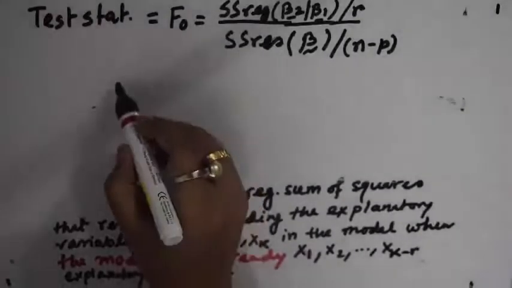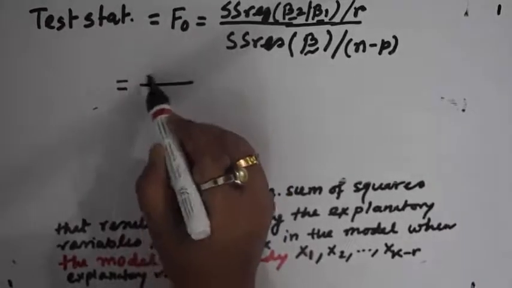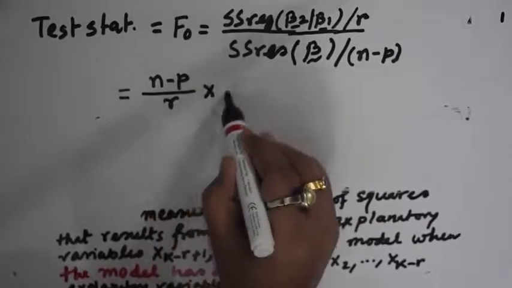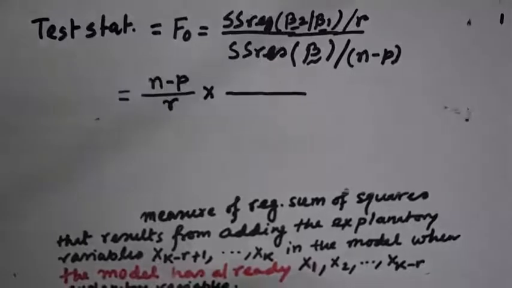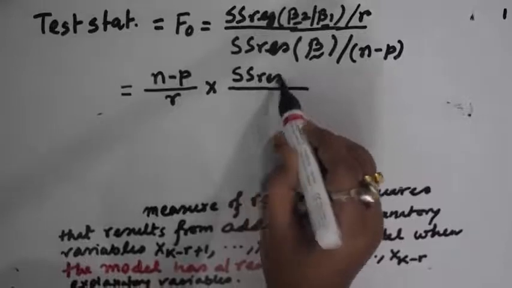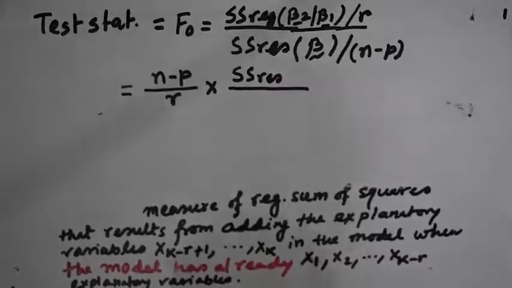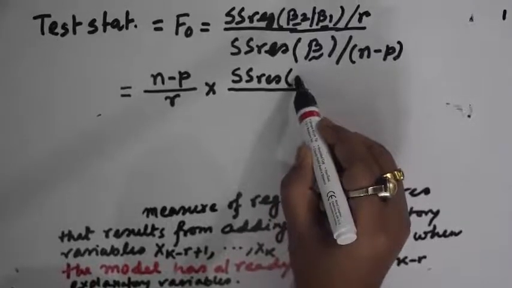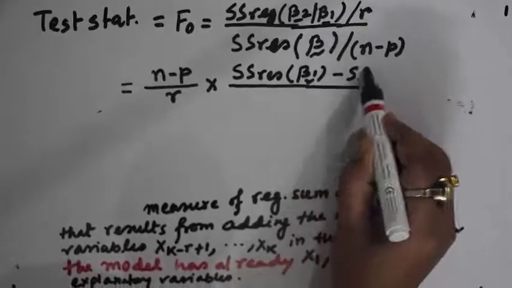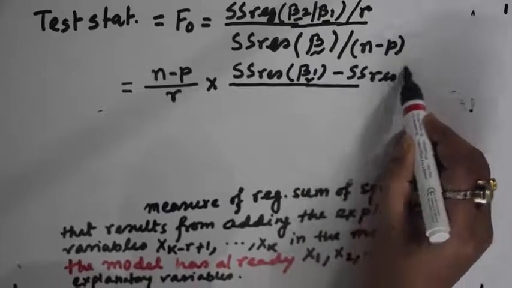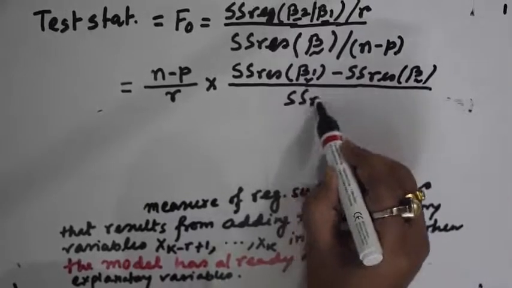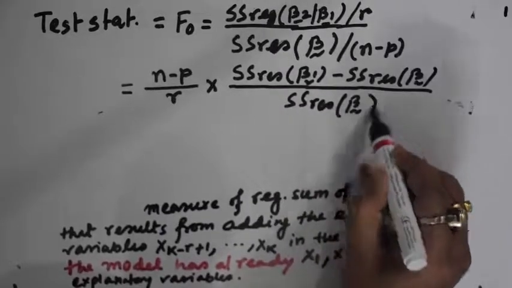So this is equal to n minus p by r times SS due to residual for the reduced model minus SS due to residual for the full model, divided by SS due to residual for the full model.